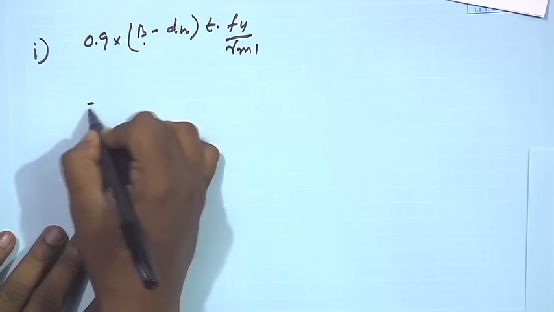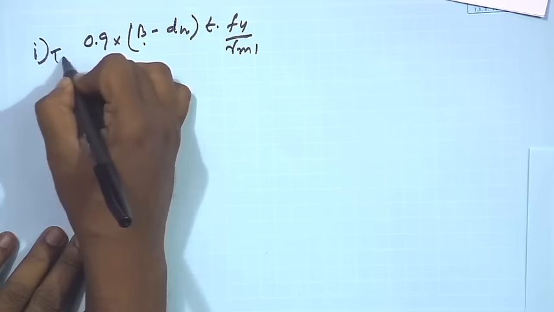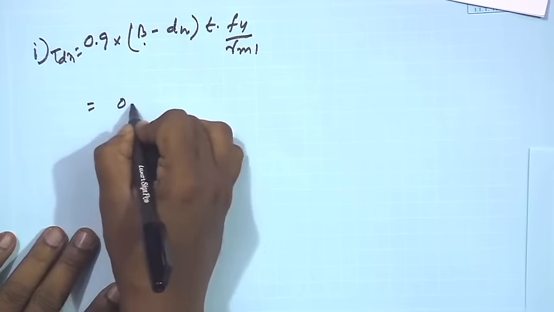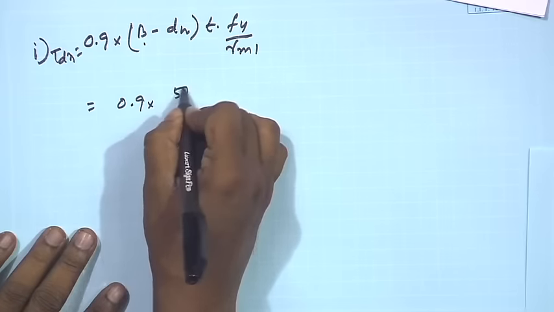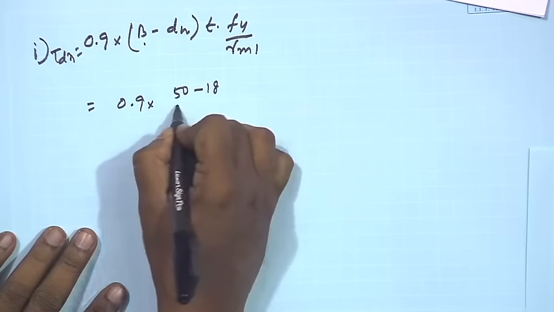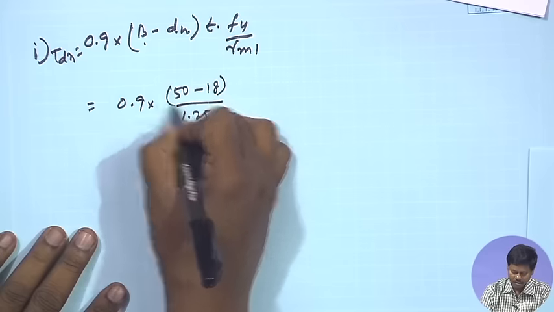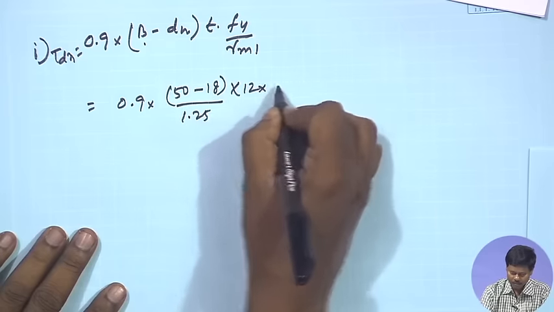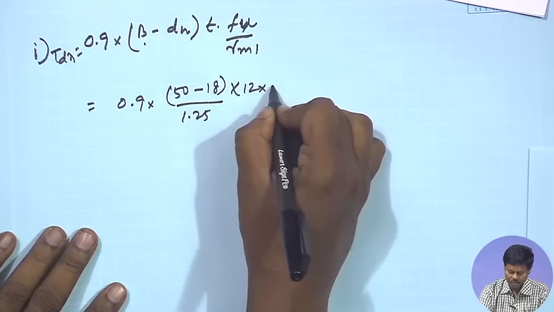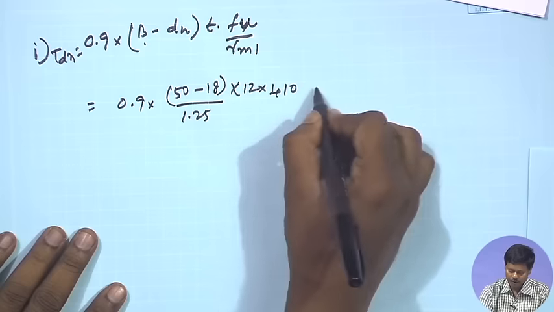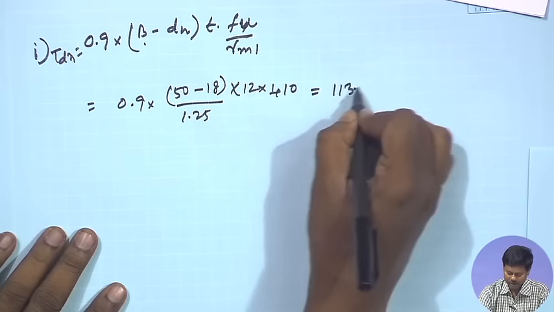So, TDN will be 0.9 into 50 minus 18, by gamma m1 which is 1.25, into T which is 12, Fu is 410. So, this is coming 113.36 kilonewton.